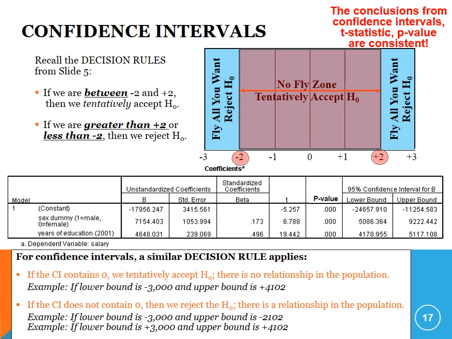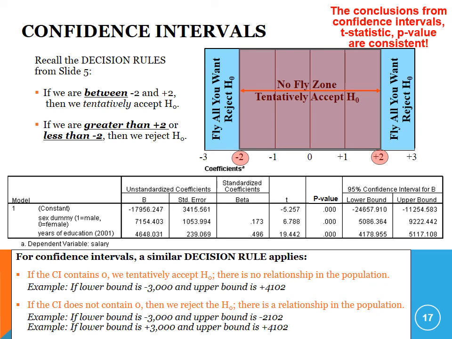So yet again, we've got an important notice up here that the conclusions, I said before, the t-statistic and p-value results are always consistent, always consistent. Okay, so I just want to add another consistent result to it, and that's the confidence interval. So if your t-statistic says one thing, your p-value will tell you the exact same thing, and your confidence interval should only corroborate that same story.